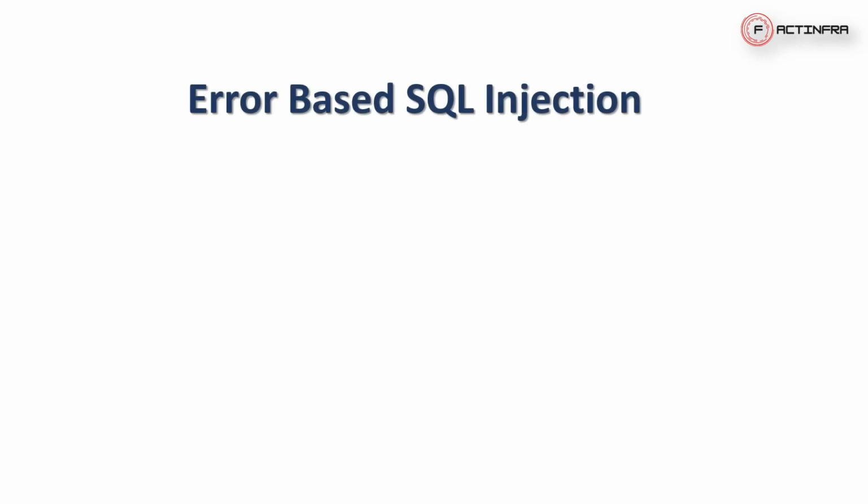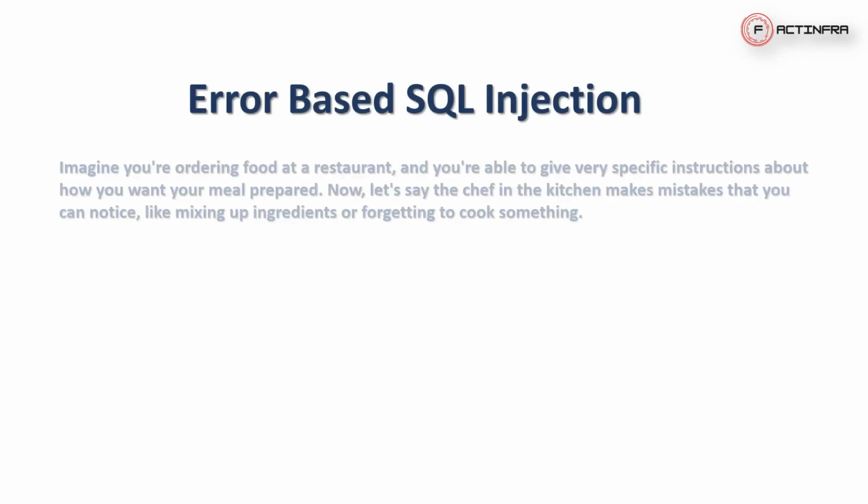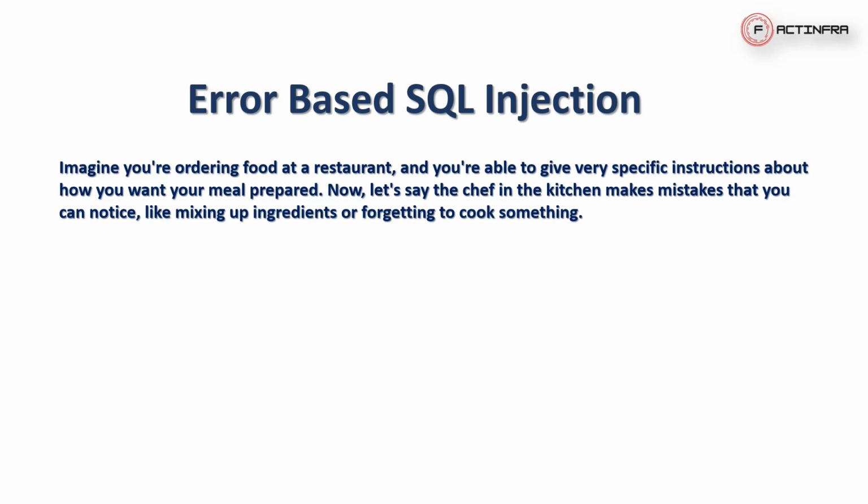Now we are moving forward towards error-based SQL injection. Error-based SQL injection is also one part of in-band SQL injection, meaning there is a direct response in the vulnerable web application if we inject something malicious, or you can say a malicious SQL query. In error-based SQL injection, as its name says, we receive some error from the backend.